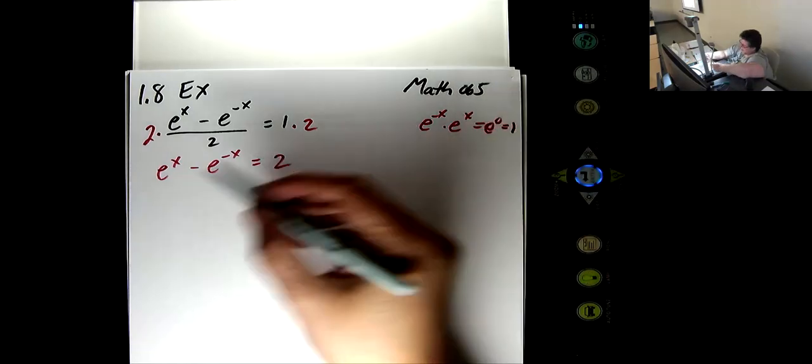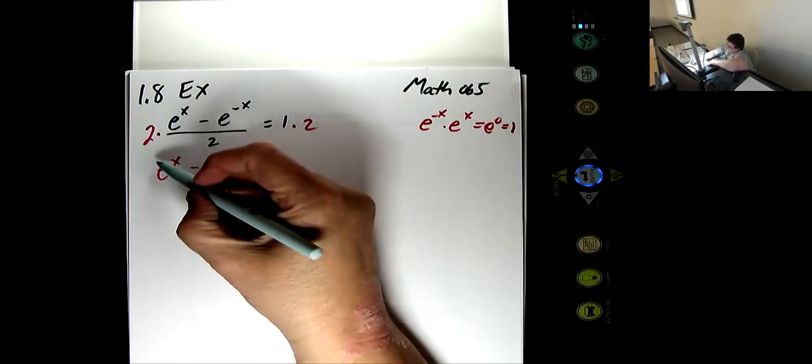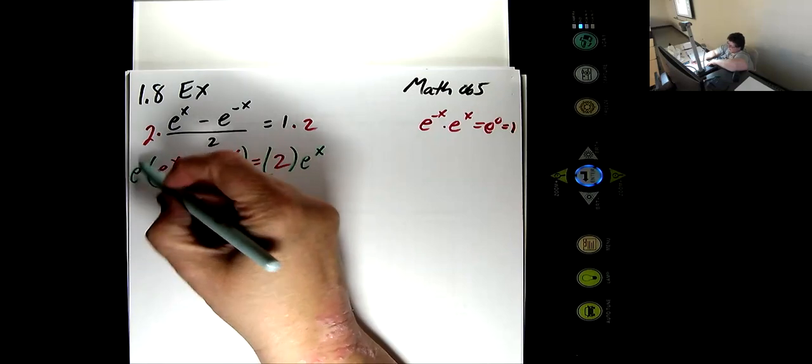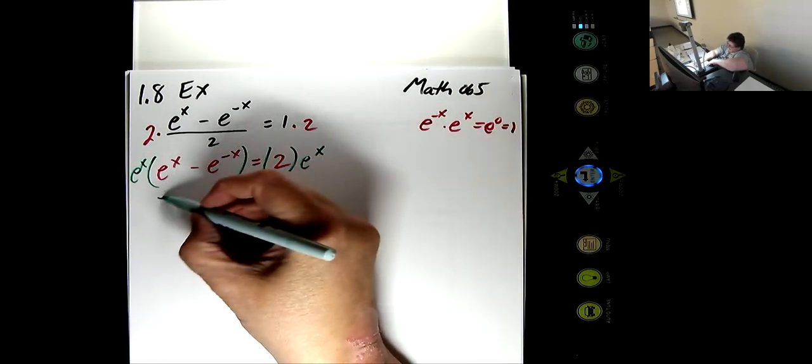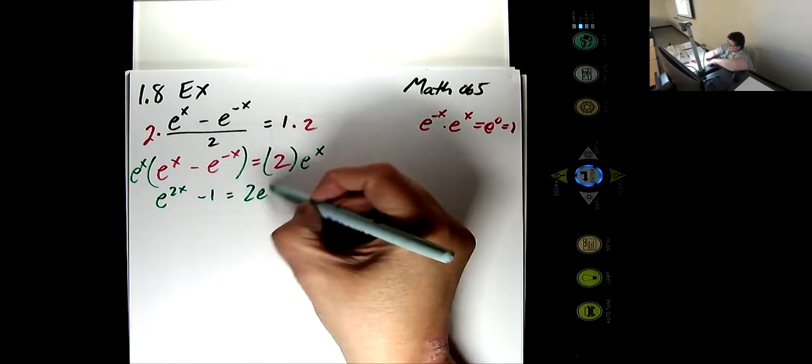So if I multiply this through by e to the x on both sides, I'm going to get e to the 2x minus 1 equals 2e to the x.